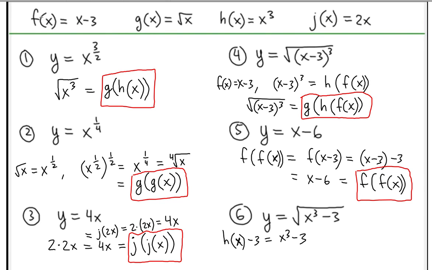So basically we're going to plug the h into the f. So f of h of x, right? Notice that will give us exactly what we want, because if we plug the h of x in the input for the f, we will get x to the third minus 3, right? So we're going to get that.